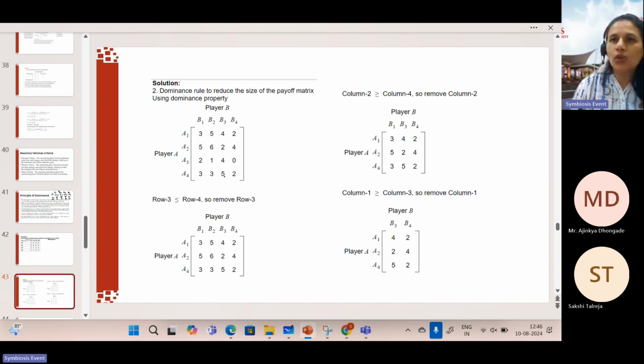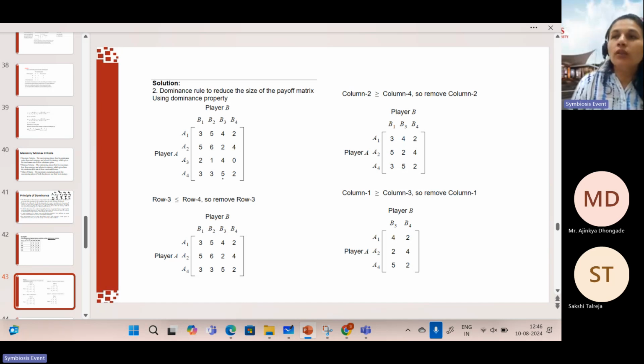So the equivalent condition also we can adopt to make it more concrete and easy to understand. 5 compared with this 3, 6 compared with this 3, 2 compared with 5, not feasible. 4 compared with 2, not feasible. So when I compared my second and the fourth row, I am not able to justify this and my values are not in the dominance format.